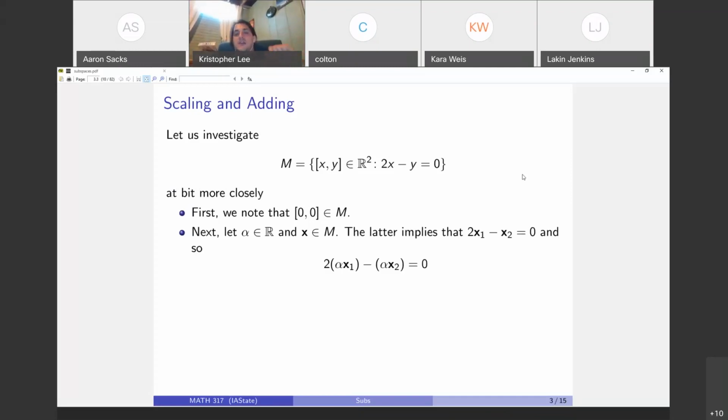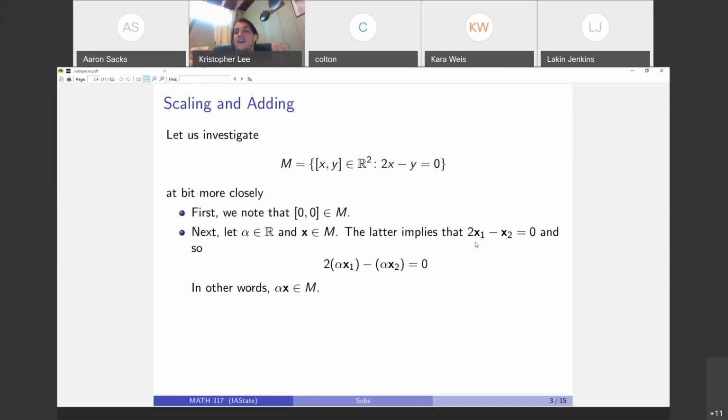And so here we can see it being more formally demonstrated. Anything in M has to satisfy this equation. So if we take a point x in M, again using bold to represent elements of R2, its first coordinate times 2 minus its second coordinate needs to equal 0. If you're in the set, that means you have this property.